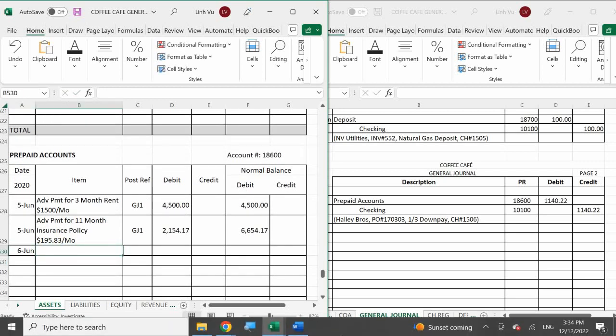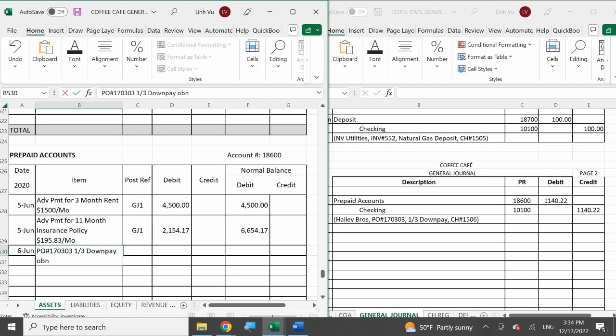Okay. It's up to you what you want to put here. I'm going to go ahead and put purchase order number 170303. Down pay, or 1/3 down payment. Okay.